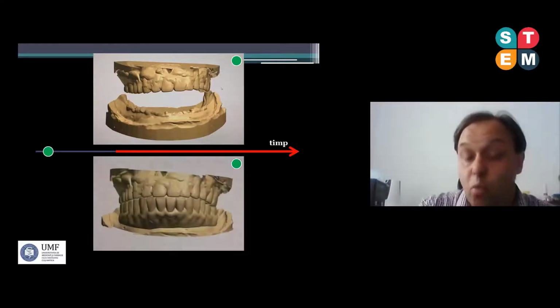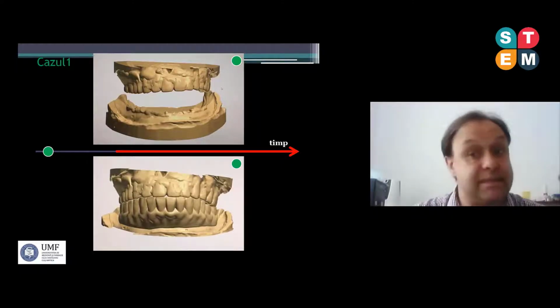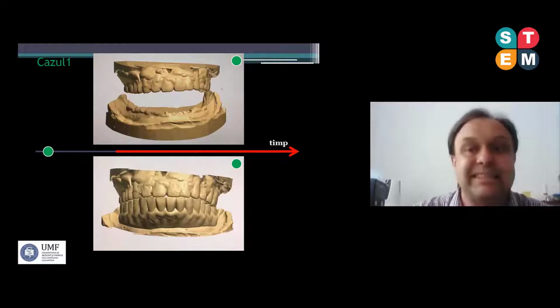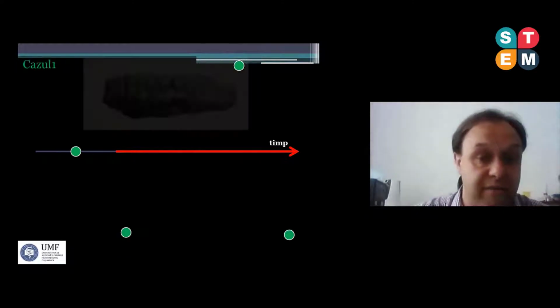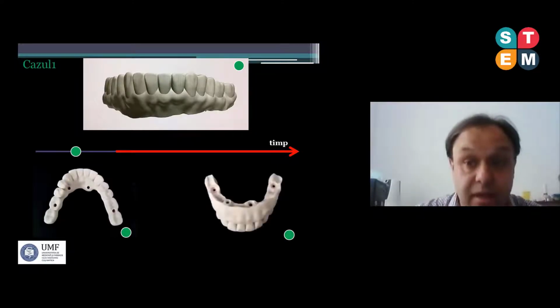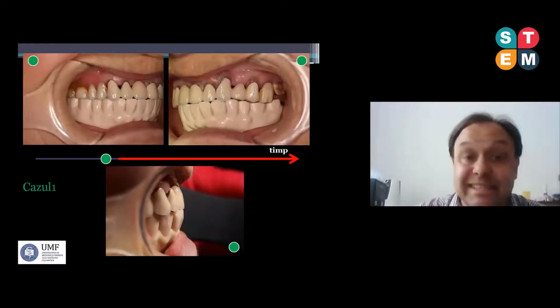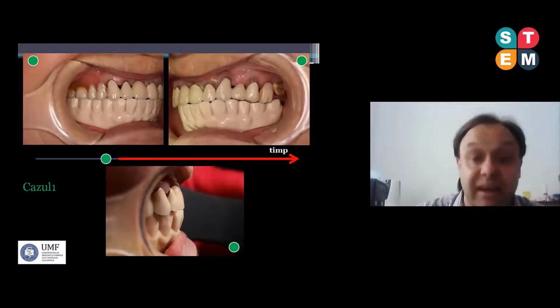Now we made some digital projects, and it's time for the patient to see them. He can see the photos, but doesn't understand what will happen in his oral cavity. We have a rapid prototyping work that the patient will wear for, I don't know, 1 hour, 2 hours, and see what will happen there.